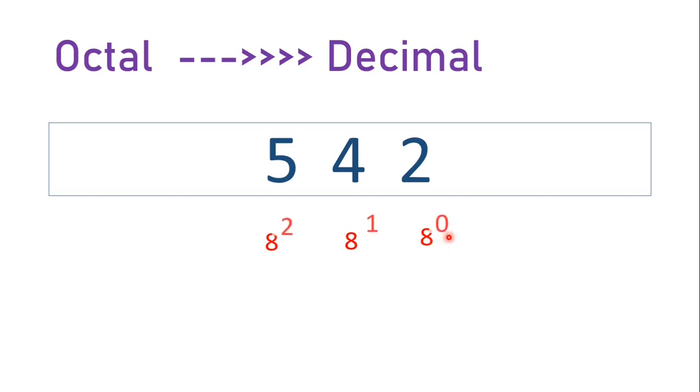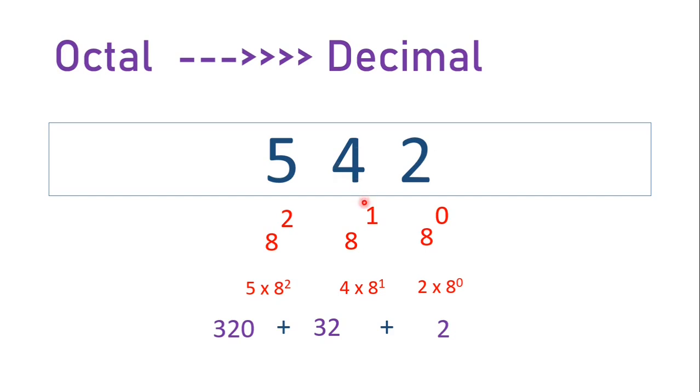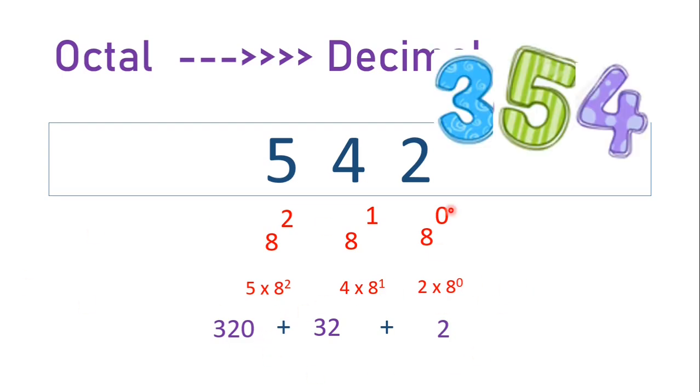Then you have to put increasing powers of 8. 8 raised to power 0, 8 raised to power 1, 8 raised to power 2. And then you have to multiply 5 with 8 raised to power 2, 4 with 8 raised to power 1, 2 with 8 raised to power 0, and then you have to add these numbers. When you add these numbers, you will get the decimal equivalent, which is 354.